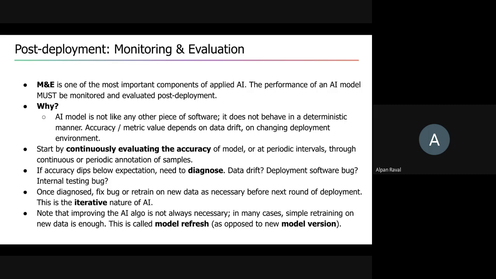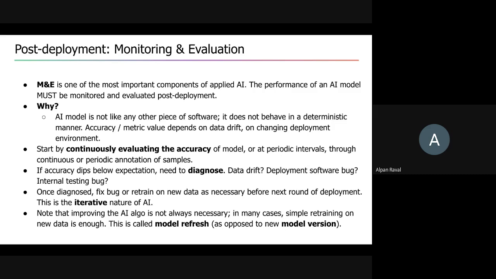So this is sort of a continuous process, right? Monitor accuracy. Accuracy will dip at some point. Use fresh data to retrain the model. Again, the accuracy goes up. Keep monitoring again. Monitoring will generate more labeled data. Accuracy will dip. Add the new labeled data to the model, retrain it again. This is sort of a continuous process.